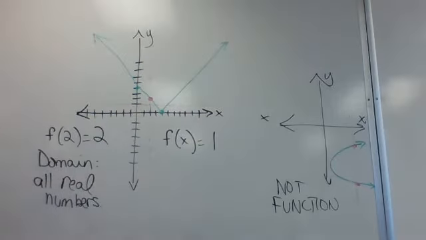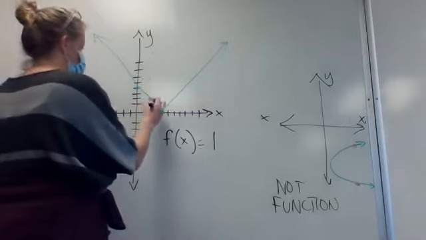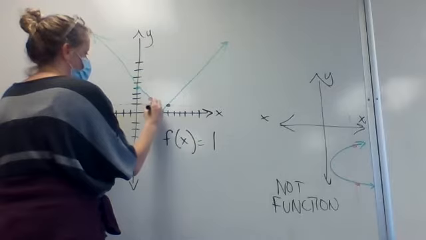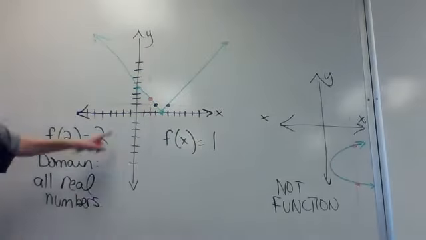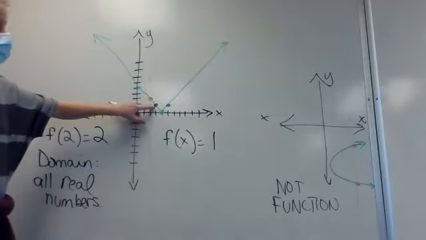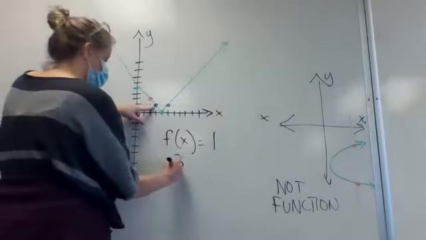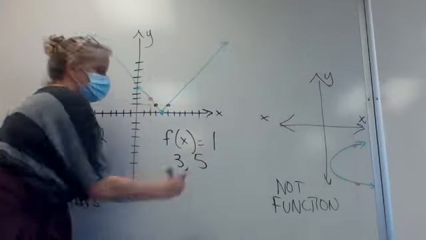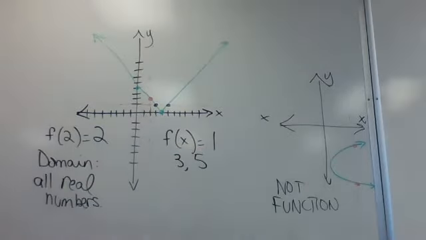Right? Because every point on that horizontal line I just drew is up 1. So let's see, where does it touch the graph? Here and here, right? It touches it twice. So what is the x value here? 3. And what is the x value here? 5. So it touches it at 3 and 5.